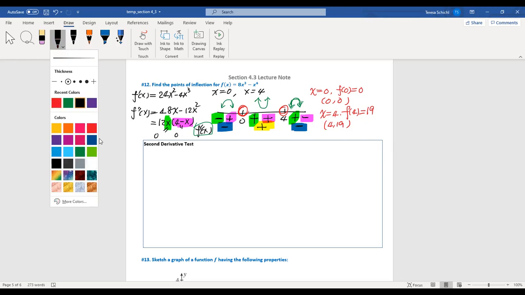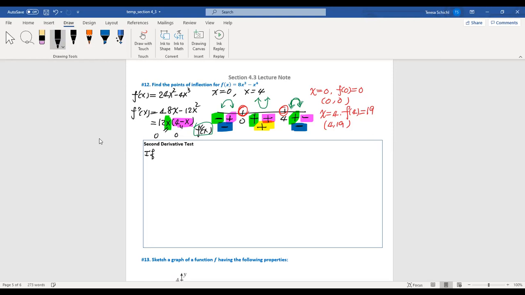We said, of course, that if f double prime of x, the second derivative, is continuous on (a, b), and I have a number c that belongs to (a, b), and we have f prime of c equal to 0, that means it's my critical point here.